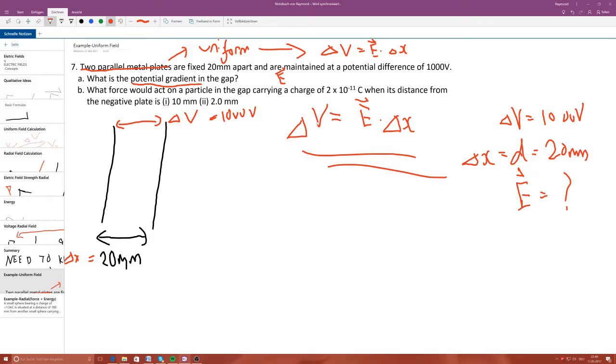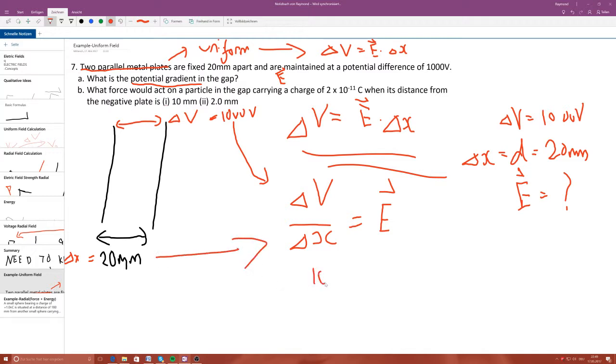So this equation is perfect, and if we rearrange it slightly, we see that delta V divided by delta X is equal to E, or the electric field strength. And then if we put our values in, so we put in 1000 volt and 20 millimeters, we get 1000 divided by, please note, this delta X is in standard units, so in meters, so we have to rearrange the 20 millimeters to be 20 times 10 to the minus 3, is equal to the electric field strength.